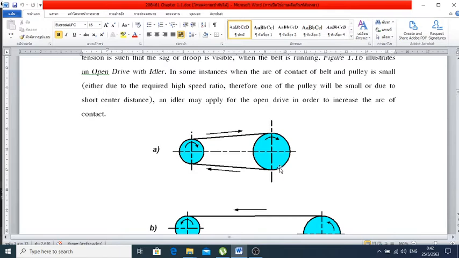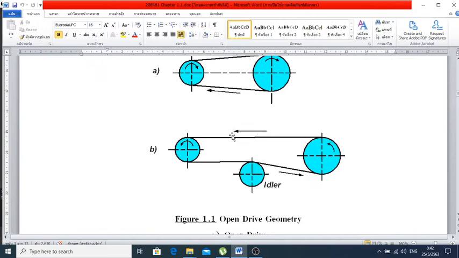You may think it over: when this drives, this one is very tense and this one releases a little bit, so there is a sag happening at the top part. That's what we call the tight side down under, and the loose side is on the upper side. In figure B, it is driving in the opposite direction.